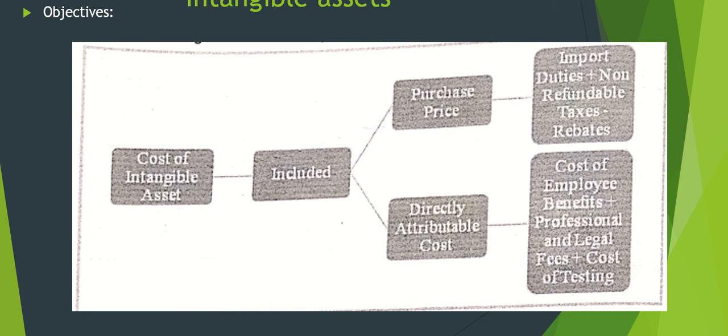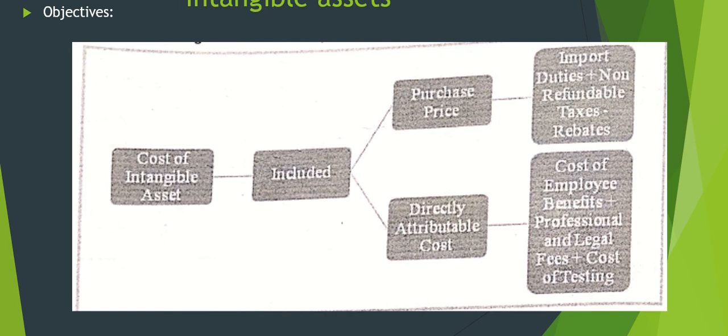How do you recognize the cost of an intangible asset, because it cannot be physically touched or physically estimated? And what criteria must it meet to become an intangible asset? The objective talks about how an intangible asset should be recognized and measured. That is the objective of Ind AS 38.